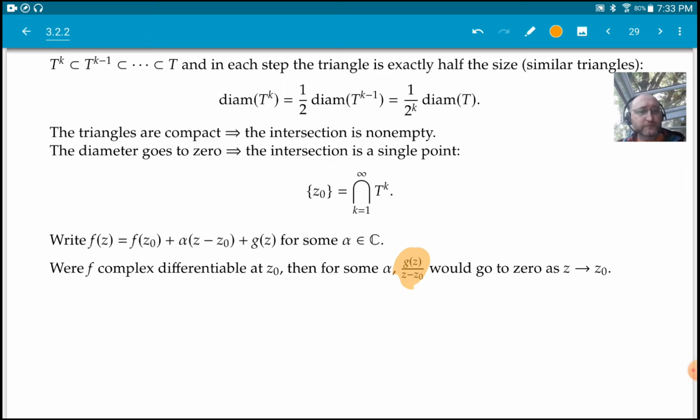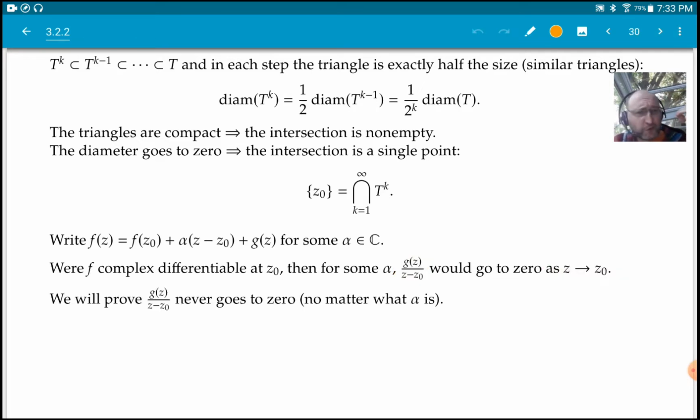So g of z divided by z minus z0 should go to 0 as z goes to z0, for the alpha that's the derivative. And we're showing that there is no such alpha. So we'll prove that this thing never goes to 0, no matter what alpha you pick. Alpha is just some random alpha, and we're going to show that this never goes to 0.